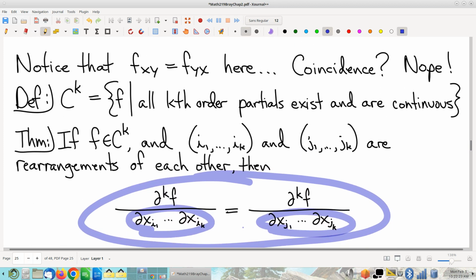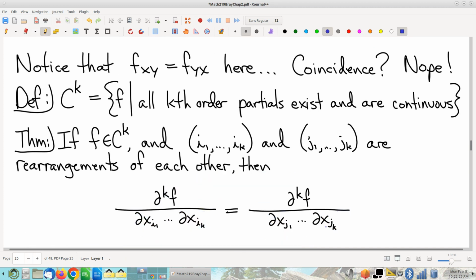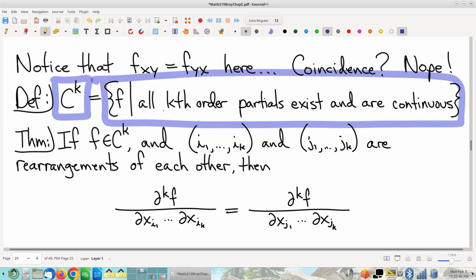And the condition is you need to look at how many partials you are talking about, k in this case, and the function has to be what we call C^k. All right, now what does C^k mean? C^k means that the function has the feature that all of its partials up to kth order all exist and they're all continuous.